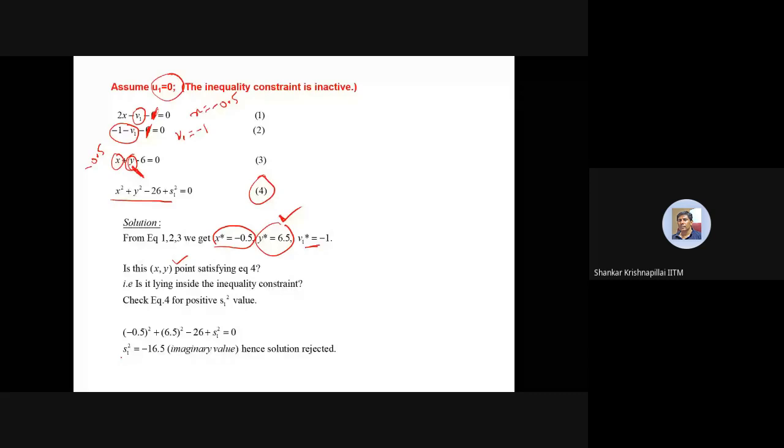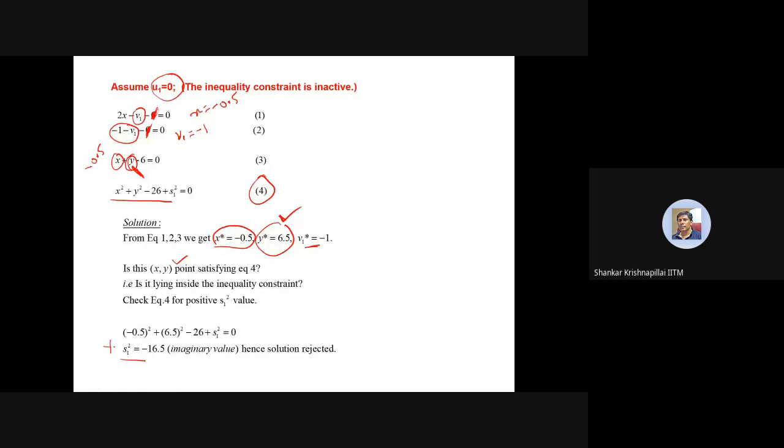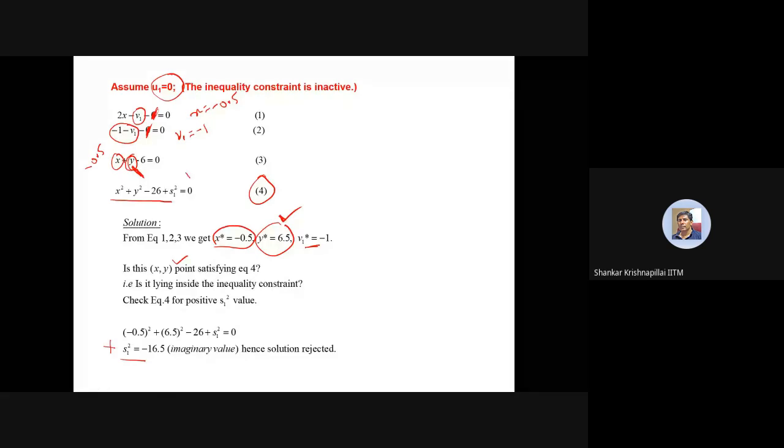It means that this constraint is violated. So u1 equal to 0 is an absurd result. So we have to try the next option, which is s1 equal to 0.